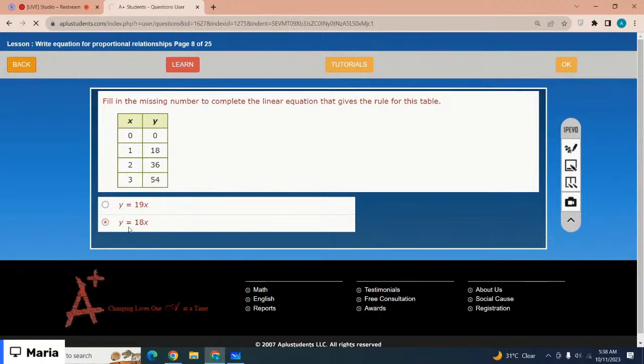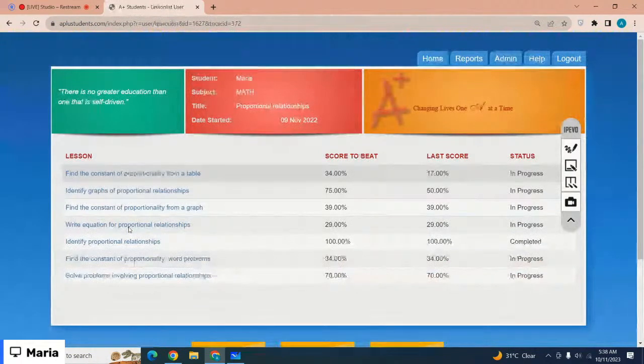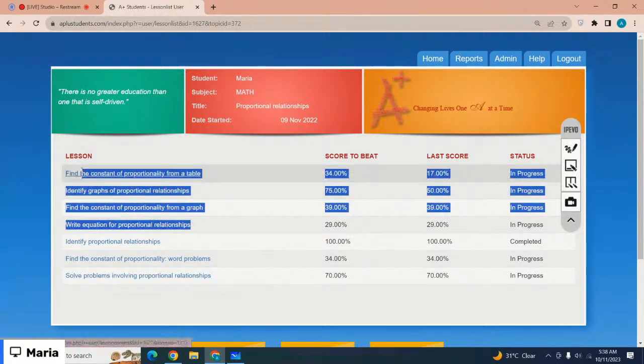So we were working on grade 8 math. The chapter we're working on is proportional relationships. The lessons we have covered today are find the constant of proportionality from a table, identify graphs of proportional relationships, find the constant of proportionality from a graph, write equation for proportional relationships.